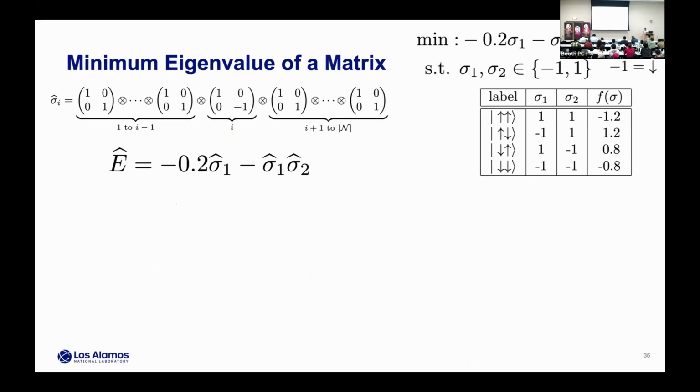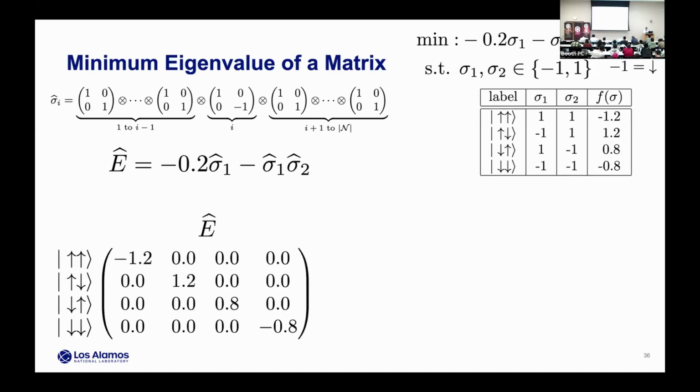Okay, so that's what the state encoding is going to be. If we take the function f, the optimization problem, we turn it into this big matrix E. Now we've got the sigma hats and the E hat. This is what the matrix looks like. It's incredibly boring. We just have the evaluation of the energy function on the diagonal of the matrix.